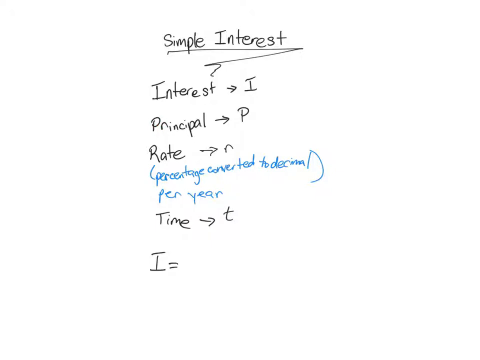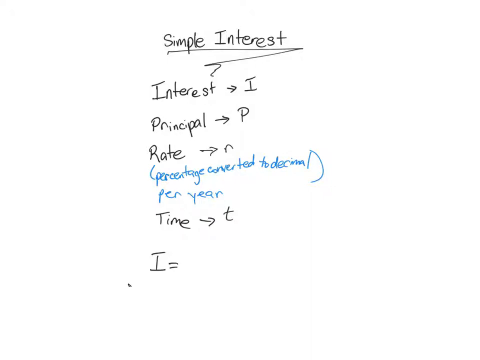But it's happening for many years. You want to figure out how much money you're earning over multiple years. So after you figure out how much money you're earning for 1 year, then you can multiply it by the number of years. So I'm just showing you how this formula that we're about to write down was derived.